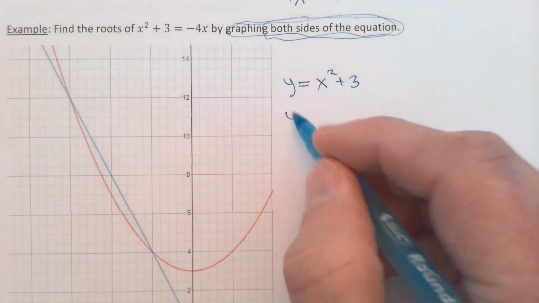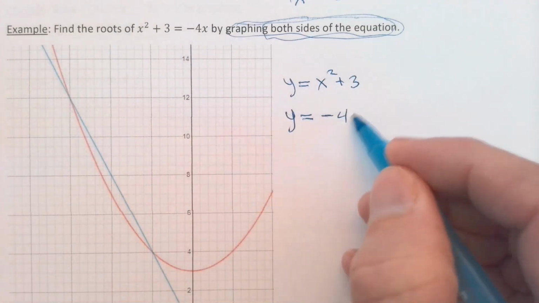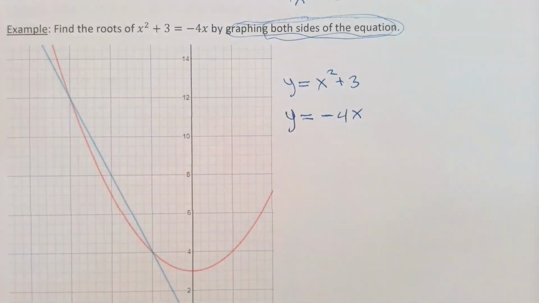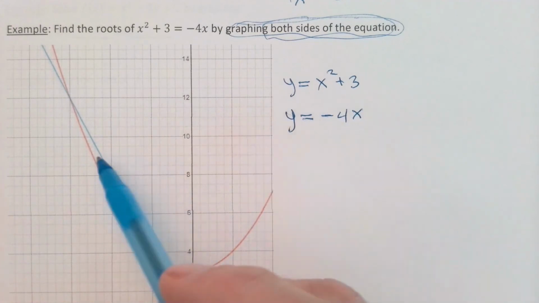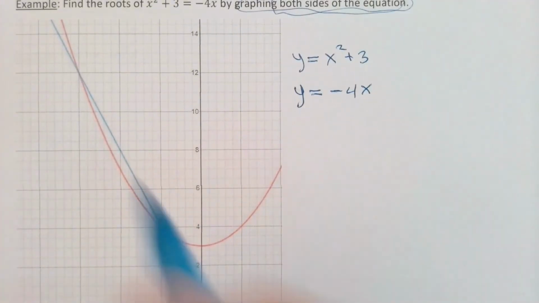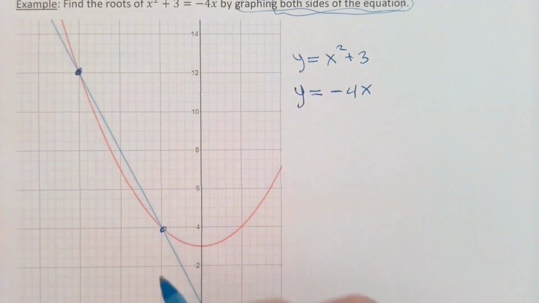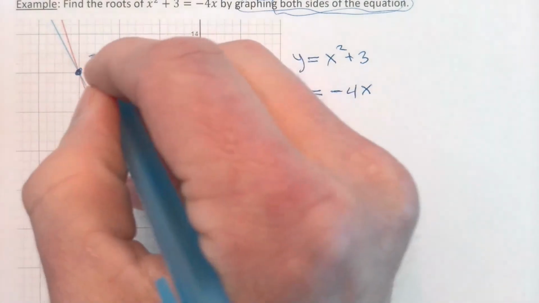But also graph the other side of the equation, which is not a parabola at all. It's a straight line. And over here you can see that the graph of that is blue. Now, this time we're not looking for x-intercepts, we're looking for intersection points of the red and blue curves. And this appears to be (-3, 12).